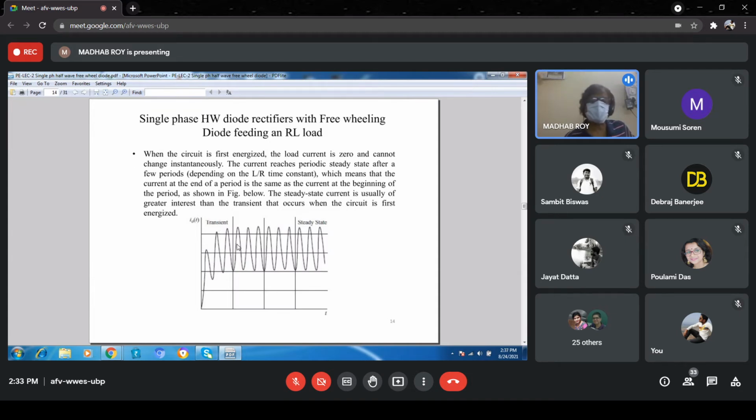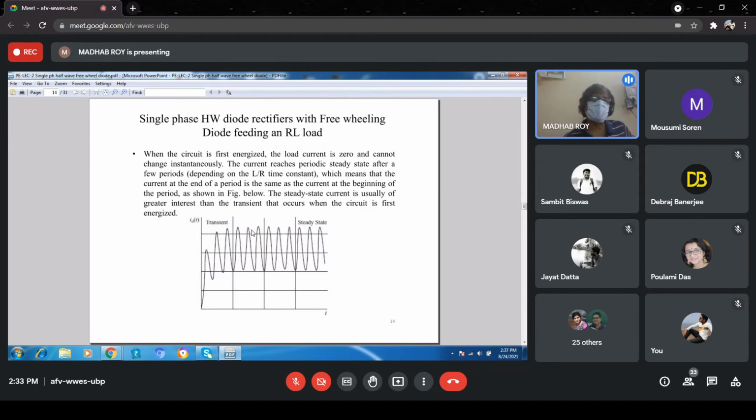Those who understood the EMF equation of Faraday: one corollary is that the EMF induced in a circuit is L di/dt, and that EMF is induced by the change of the current or the change of the flux, d phi/dt.